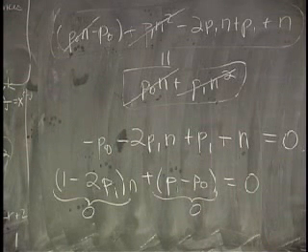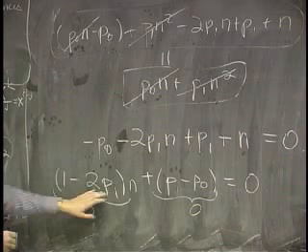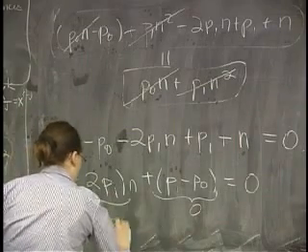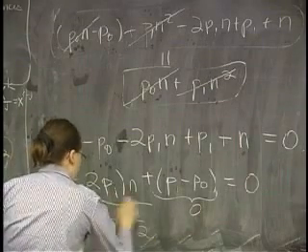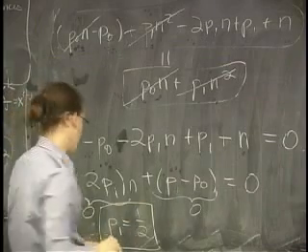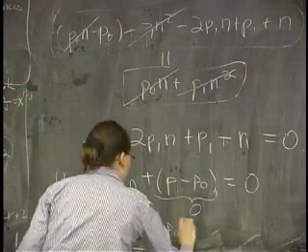So I can solve this equation to get p1 equals a half. And this equation tells me that p1 is equal to p0, so p0 also equals a half.